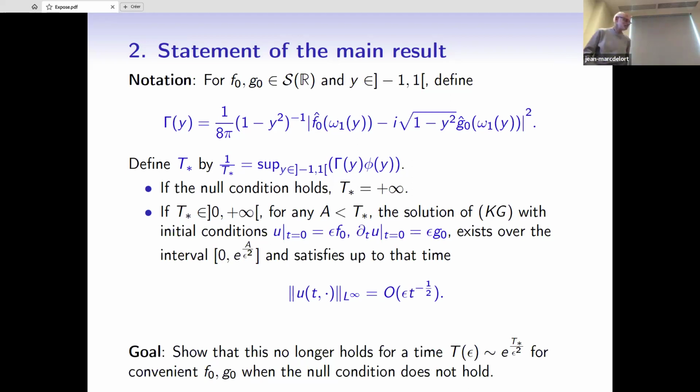So the size in epsilon has nothing to do with A? No, you fix A, and for epsilon small enough, so epsilon depends on A. Yes, it might depend.